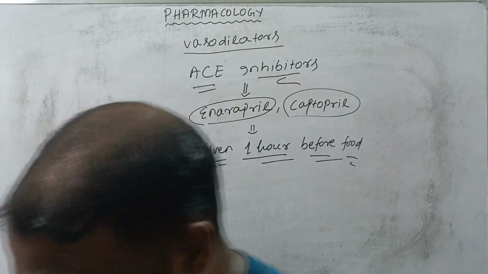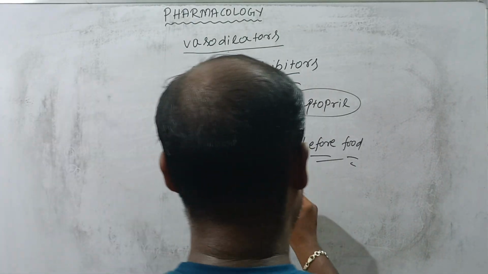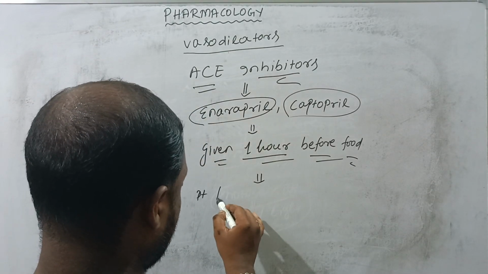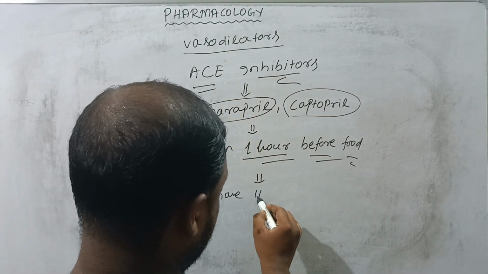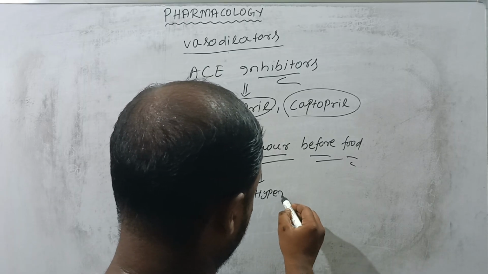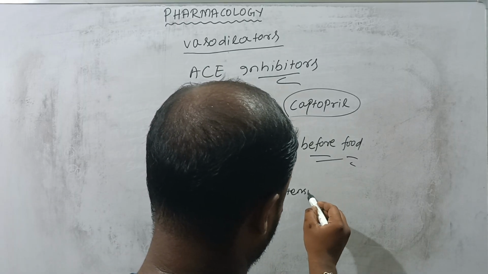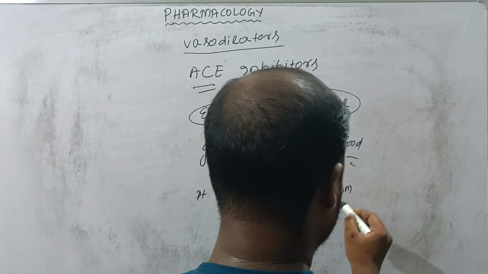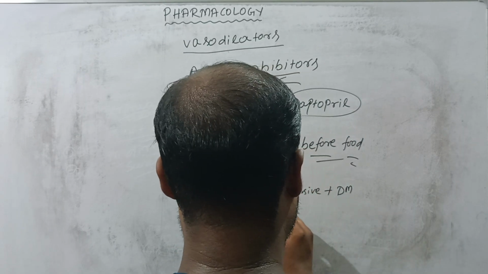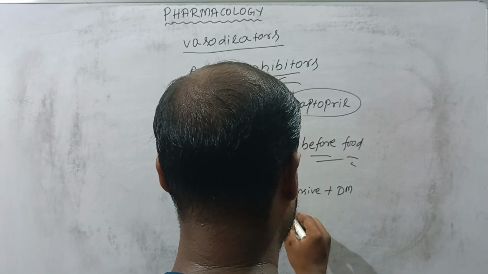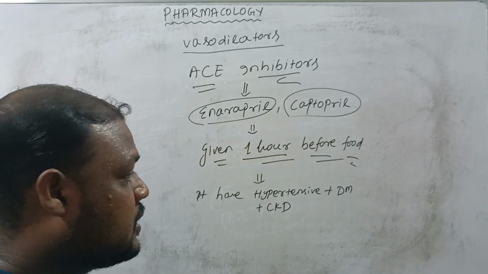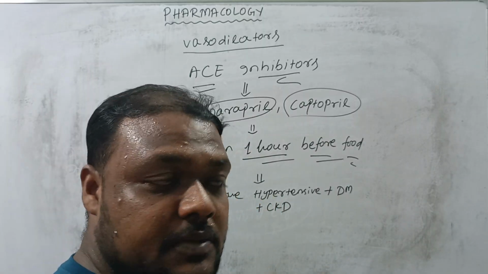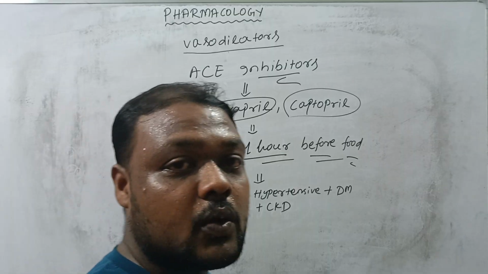We should give the ACE inhibitor if the patient has hypertension plus diabetes mellitus plus CKD, chronic kidney disease.